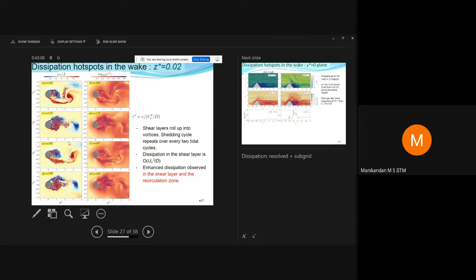Epsilon star is epsilon divided by UC cubed over D. And you see that there's relatively strong dissipation, order 1 values of epsilon star, but not everywhere. So a lot of fine scale turbulence and strong dissipation in the near wake, and then it slowly decreases. So by 4 downstream distances, you still have some dissipation, would be your question.